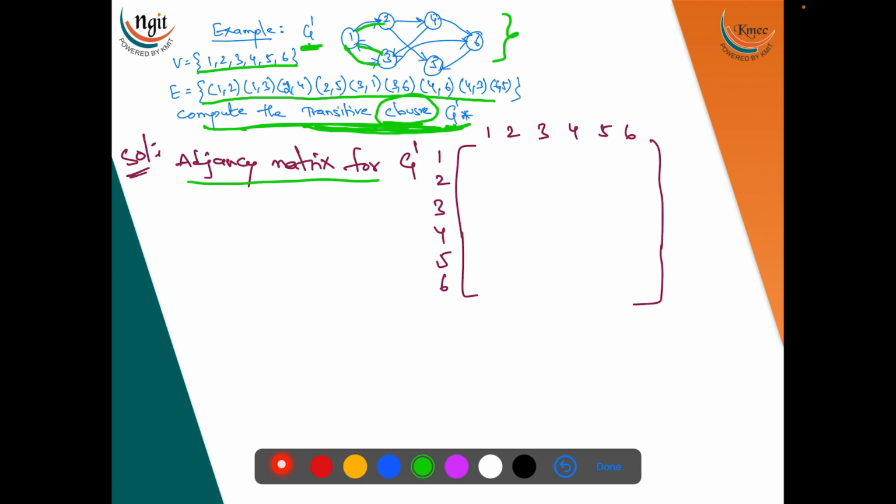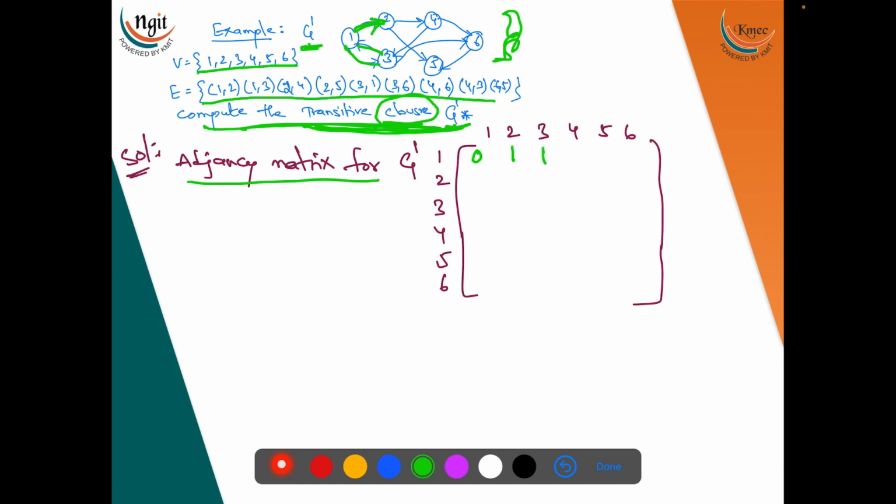Now the adjacency matrix for G dash, that means look at this graph and find the adjacency matrix. You can find it from the graph: 1 to 1 it is 0. 1 to 2, do you have any edge? Yes, the direction is there, so you write 1. Can you find any edge from 1 to 3? Yes.